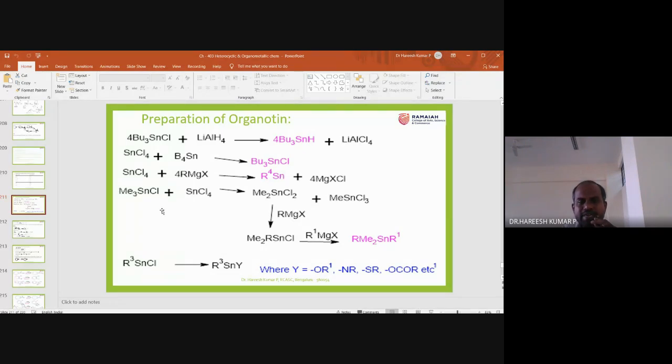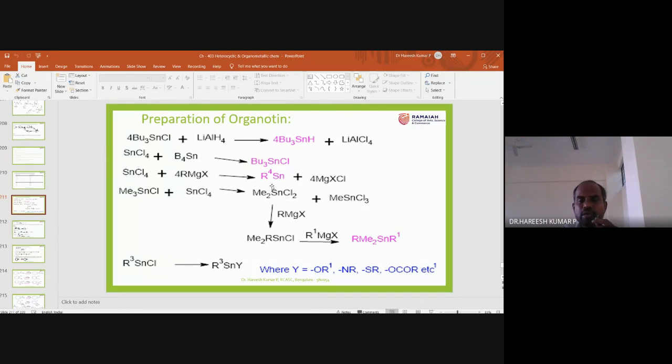Suppose you are treating trimethyl tin chloride in the presence of stannic chloride, what will happen? You know that there will be a bond formation. How? Two methyl groups are replaced with two chlorines.